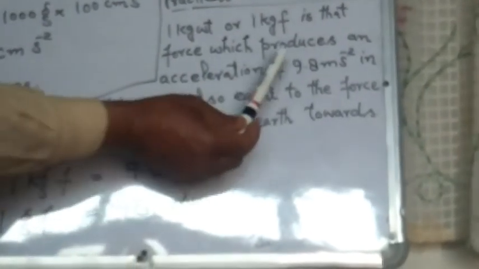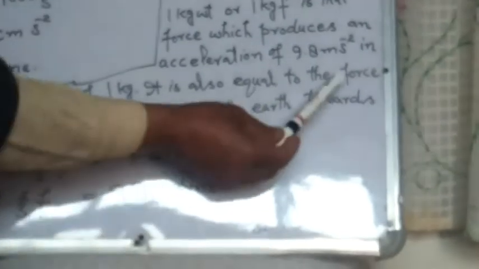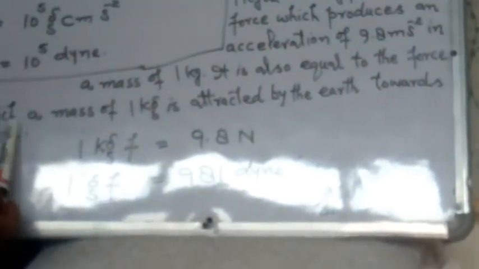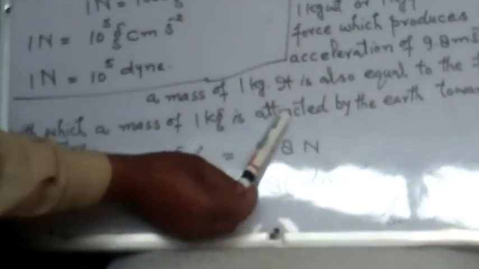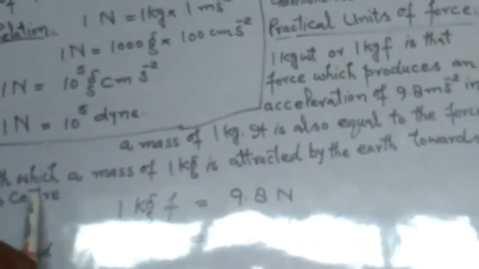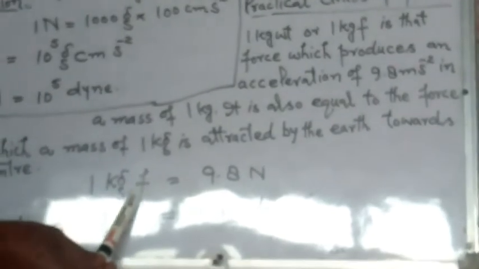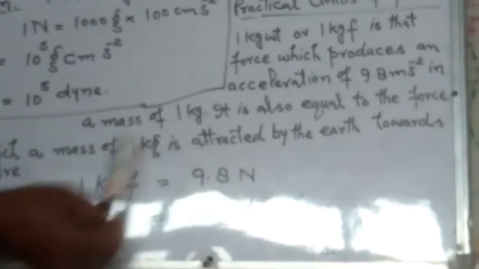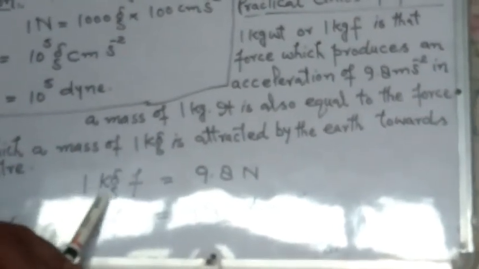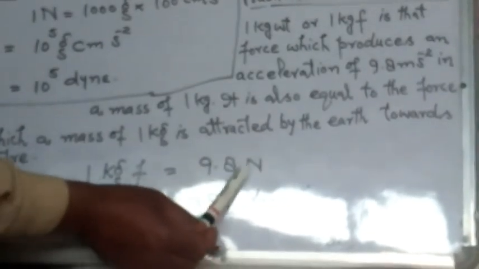That is, it is equal to the force with which a mass of 1 kilogram is attracted by the earth towards its center. That is, 1 kilogram force is equal to 9.8 Newton.